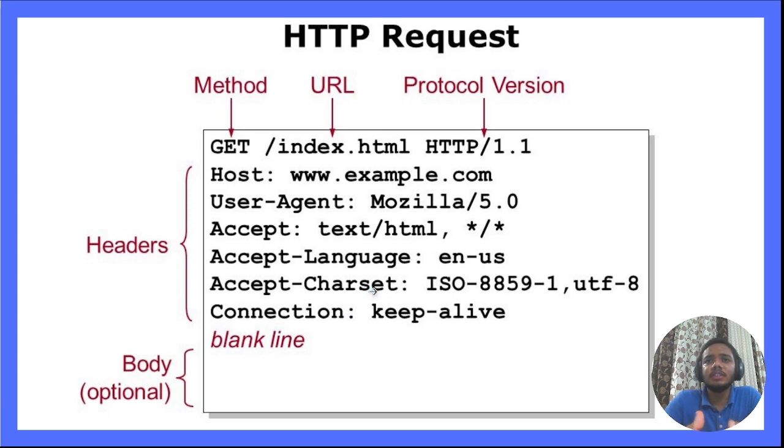What it means is that the server will keep the connection alive with the client in the process of getting the data from the database and providing the response to the client again. It will keep the connection alive.